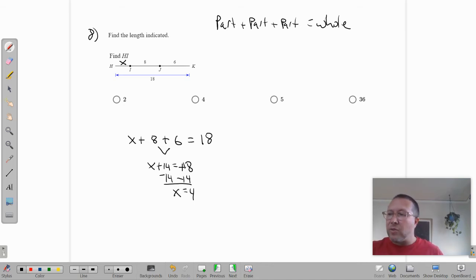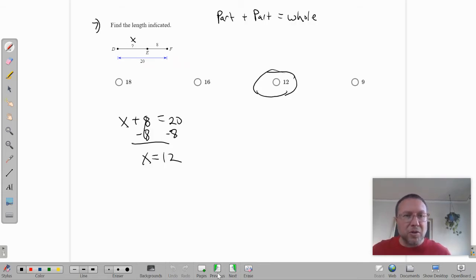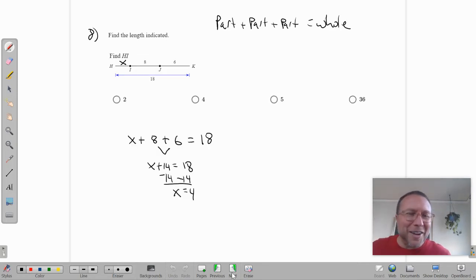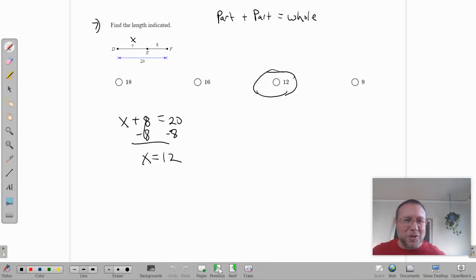Now, what I'm going to do is plug back in. Did I do that on the previous one? Find the indicated length. Oh, we were looking for that one. 7, 12, yeah. Sorry, I had to catch myself there because with some of these, they want you to just find X and that's it, and with some of them, they want you to plug the number back in.